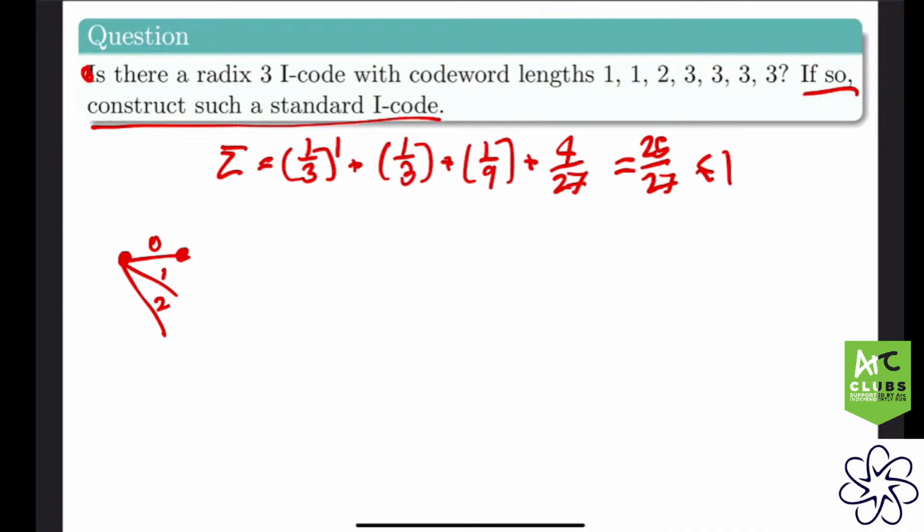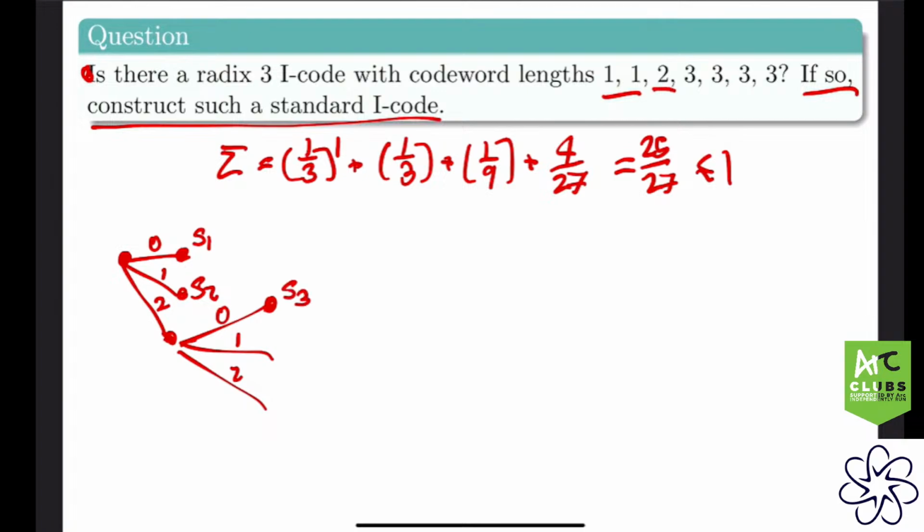So this is going to be S1. This is going to be S2. And that's our 2 code words of length 1. Now we want to go to length 2, so I'm going to extend this, 0, 1, 2. This is going to be like going from top to bottom. We need a code word of length 2, so that's going to be S3.